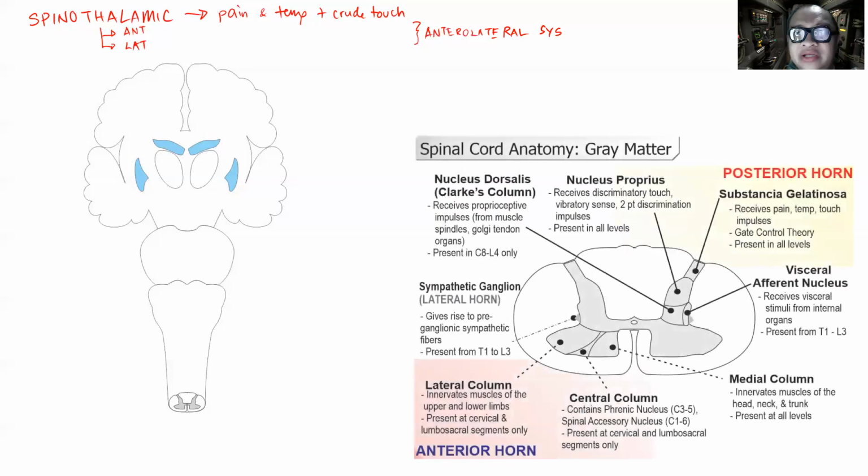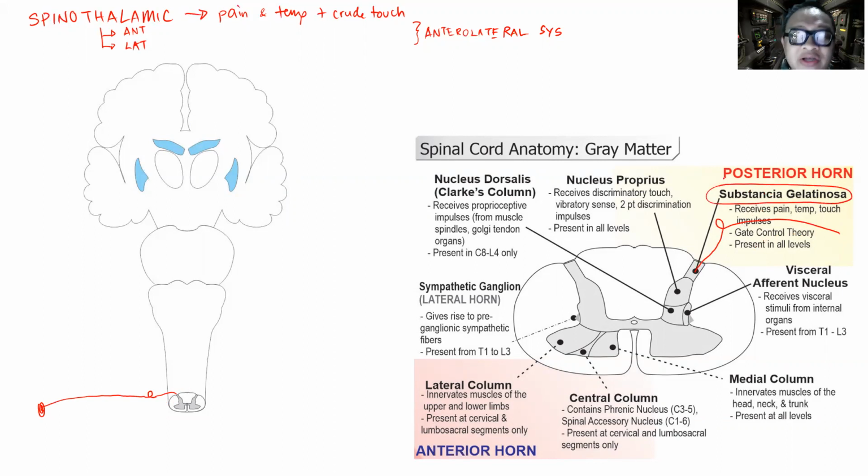let me bring this up. Okay, I've shared this picture with you before. So just to start off, you have your pain, temperature, or crude touch receptor. That's your sensory nerve. That's your dorsal root ganglion, and it goes into your posterior horn. Now, once it's in your posterior horn, let's continue here. It goes here, in your substantia gelatinosa.